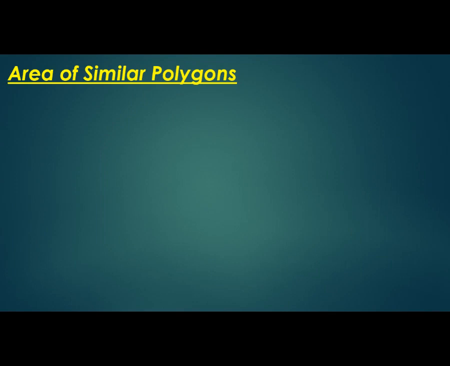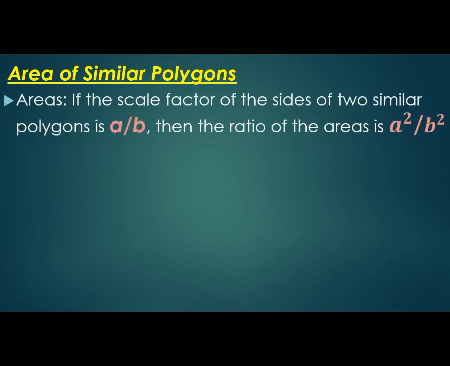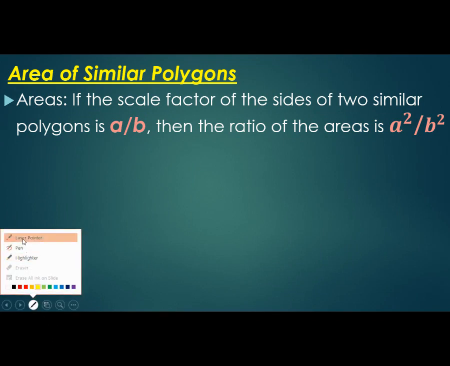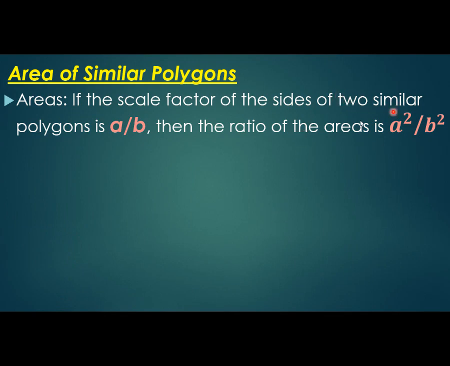Area of similar polygons: the rule says that if the scale factor of the sides of two similar polygons is a over b, then the ratio of their areas is a squared over b squared.